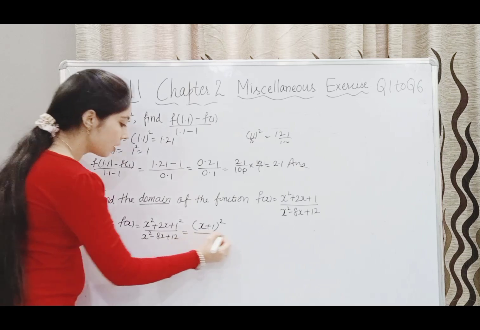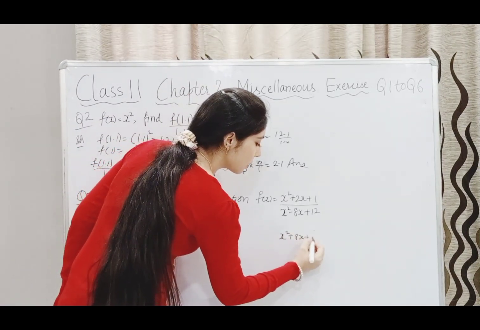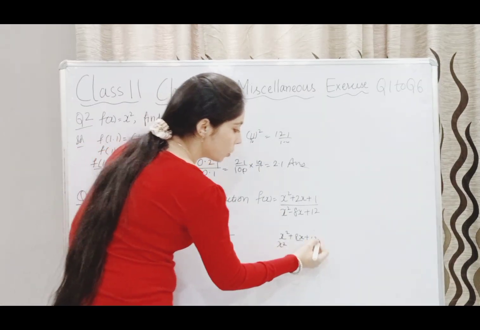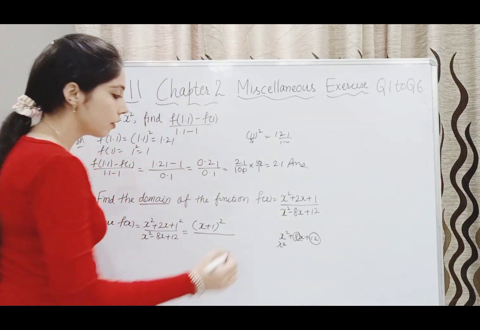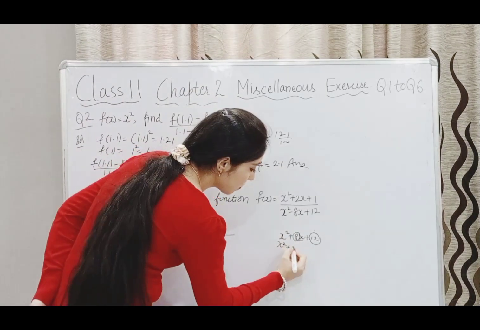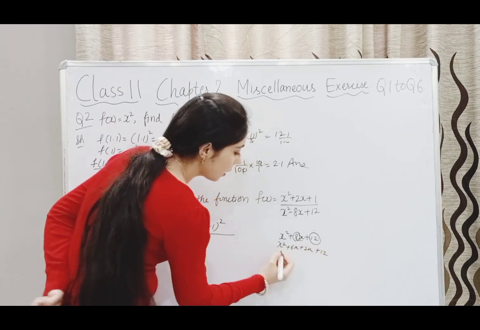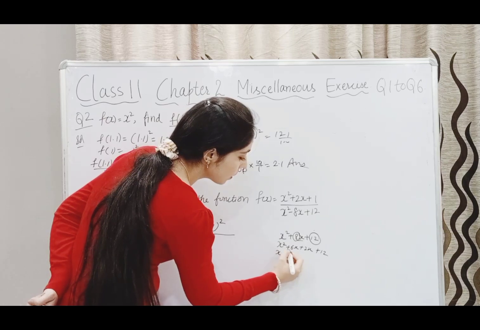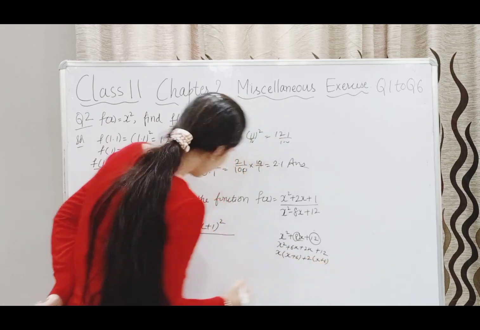And now we factorize the denominator, x square minus 8x plus 12. If we split the middle term to get product 12 and sum 8, we will use plus 6x plus 2x plus 12. If we take x as common, this will be x(x plus 6) plus 2 as common, we get (x plus 6).